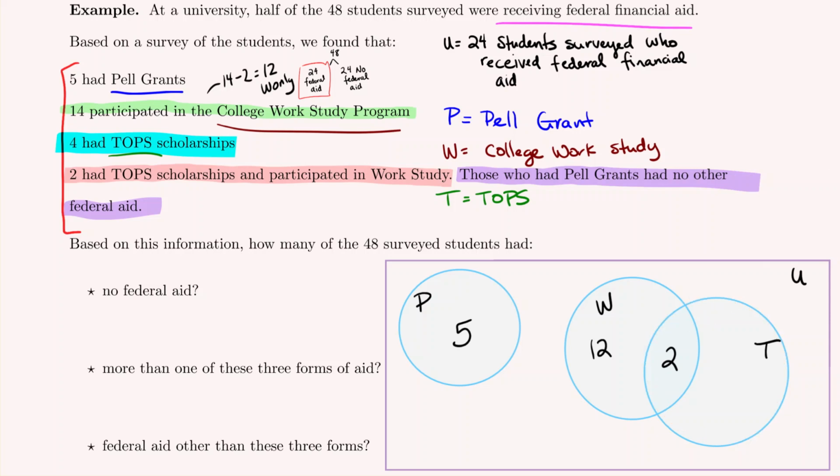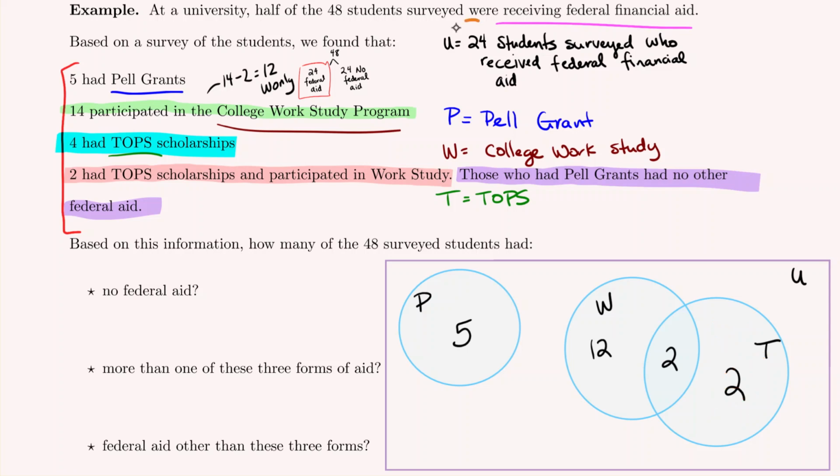So that means there's 2 students left who have TOPS but not work study. And this is why it's very important that you deal with the intersection first, because unless you deal with the intersection first, you're not going to properly label how many students only had work study or how many students only had TOPS.